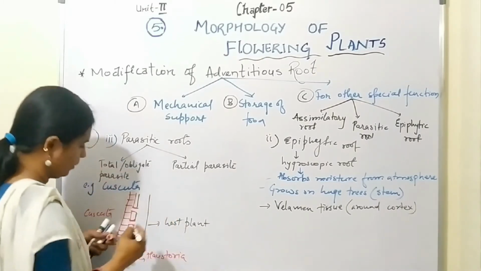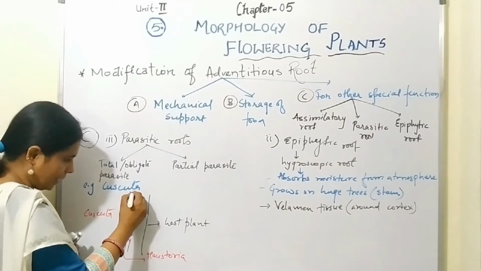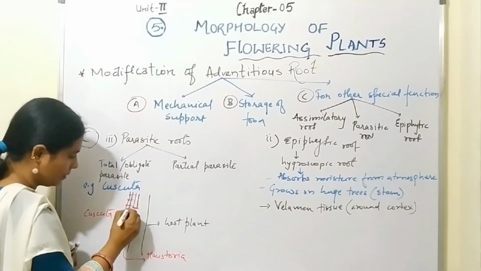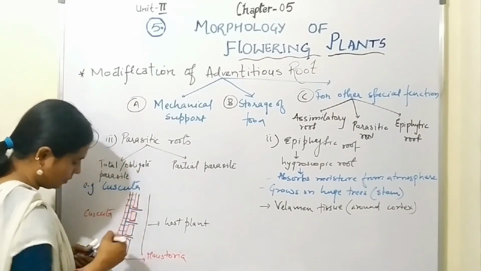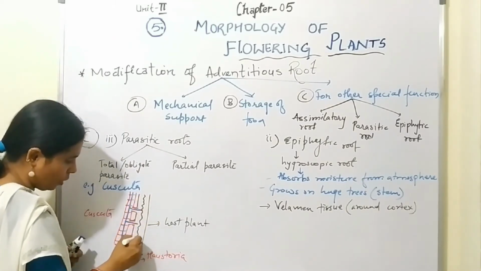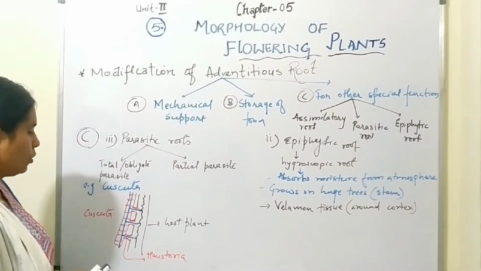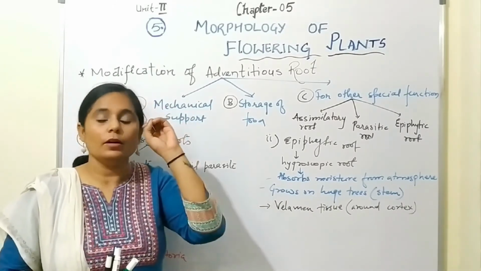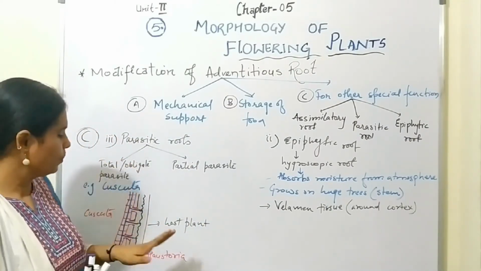So this connection is Haustoria. Now the xylem and phloem present in the parasitic plant, through Haustoria, get connected with the xylem and phloem of the host plant like this. This is how they withdraw the food, water, nutrition directly from the xylem and phloem of the host plant.